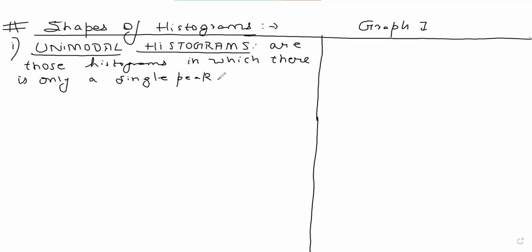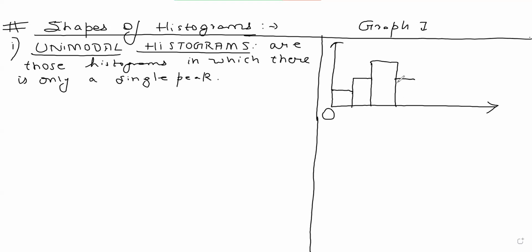If I join the midpoints of the rectangles, somewhat like this, I get a graph for more clarity. Suppose this is a random histogram. This is my variable x, this is my frequency. When I join the midpoints of the rectangles, you can see that there is only a single peak.